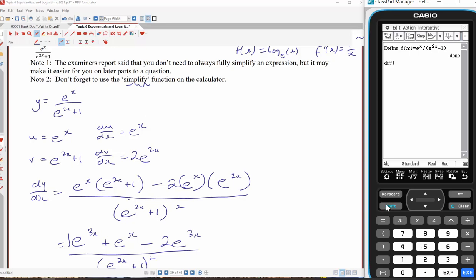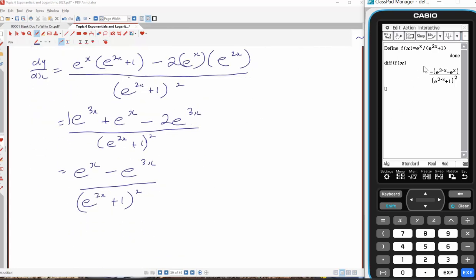So let's do a diff. Okay, yeah, they pull out the negative on the solution. We don't need to do that. In fact, I reckon mine looks better. Let's run a simp on it. Probably looks even worse. So yeah, run with my answer.